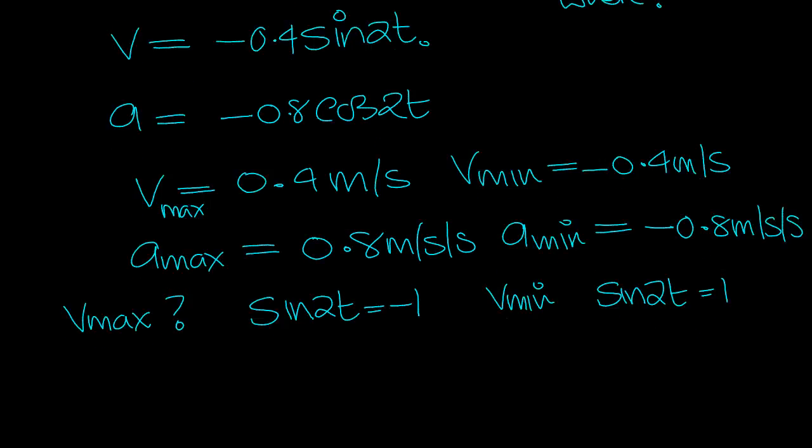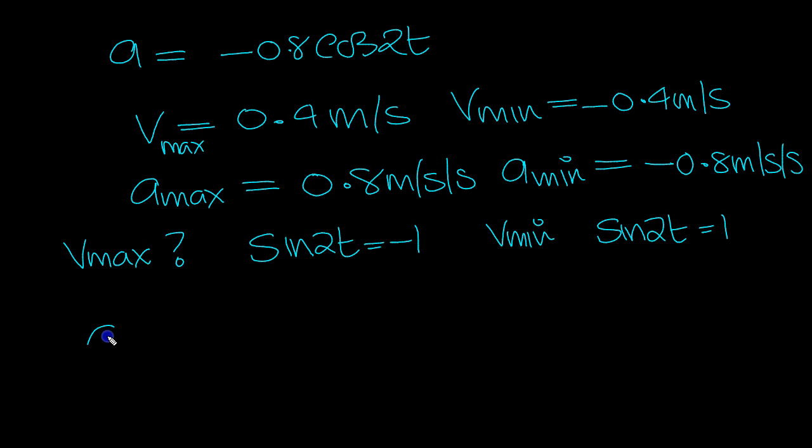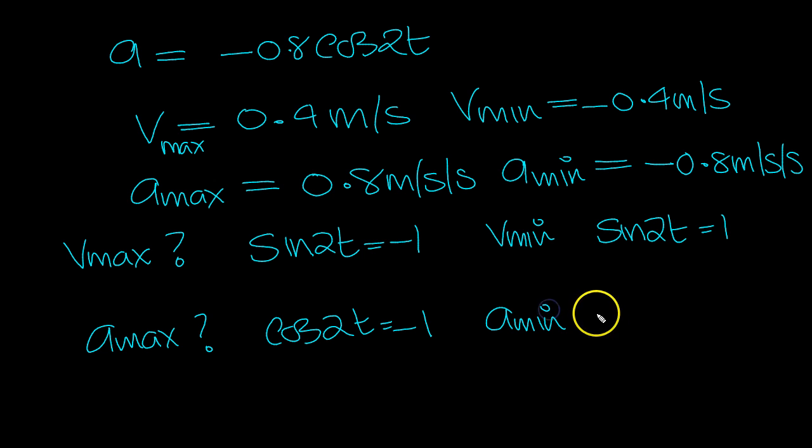Okay, and then also a max. When does that happen? Well, that happens when 0.8 cos 2t equals minus 1, isn't it? And a min would happen when cos 2t is 1.